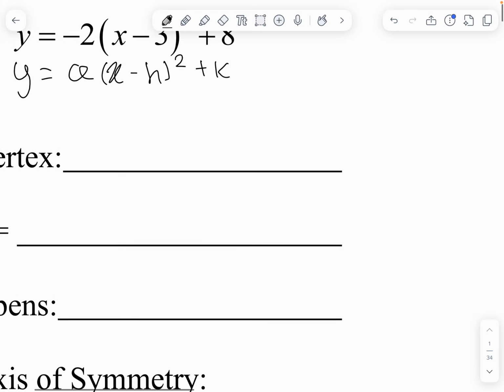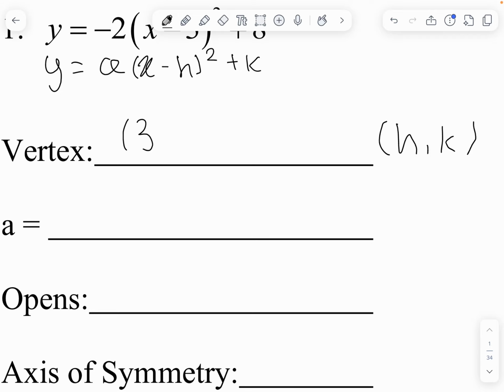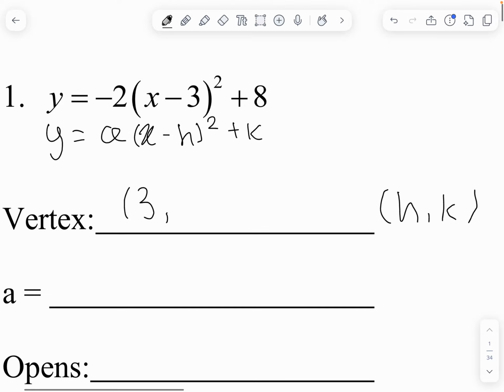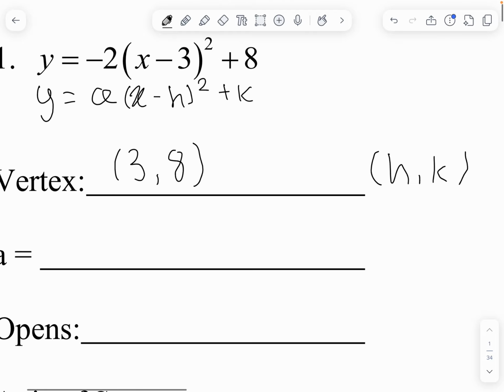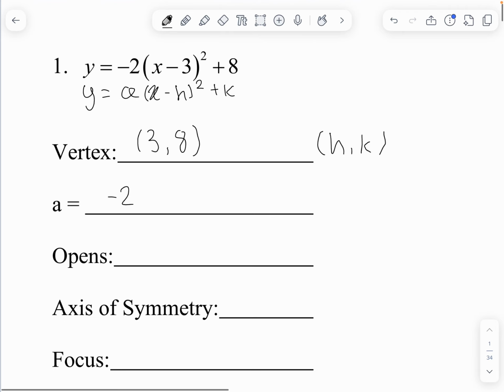So the vertex is represented by (h, k). So that means our vertex is at (3, 8). And a is negative 2. And since our a is negative, it opens down.